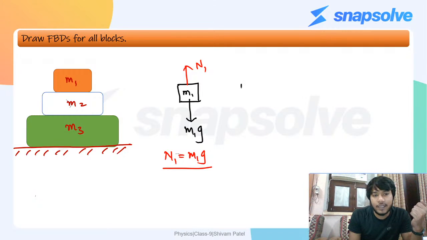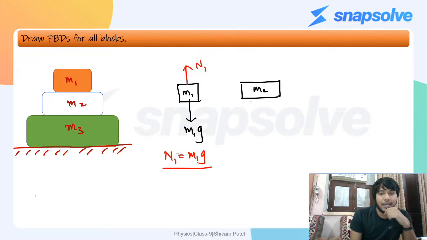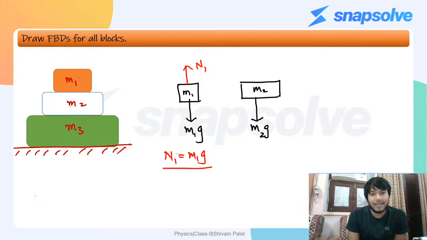Now, when you draw the free body diagram of M2, what will happen? Weight will act down. It always acts down, which is m2g in downward direction, right? Now, see, M1 was applying N1 to M2 in downward direction.